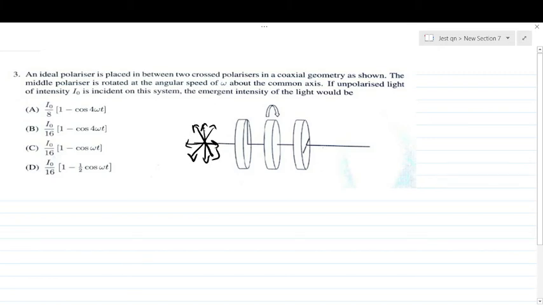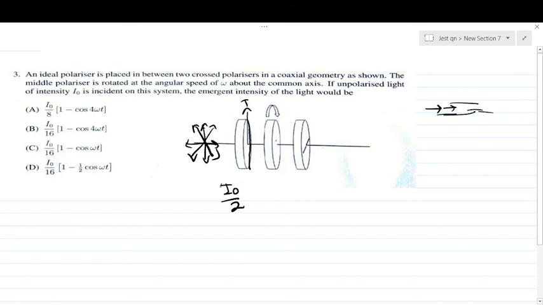Unpolarized means it contains electric field in any direction, not a particular direction. But if we use a polarizer, the direction of the electric field gets fixed in a particular direction. Okay, and this is the transmission axis. Unpolarized light coming through this first polarizer gets polarized, and its average intensity will be I naught by 2.